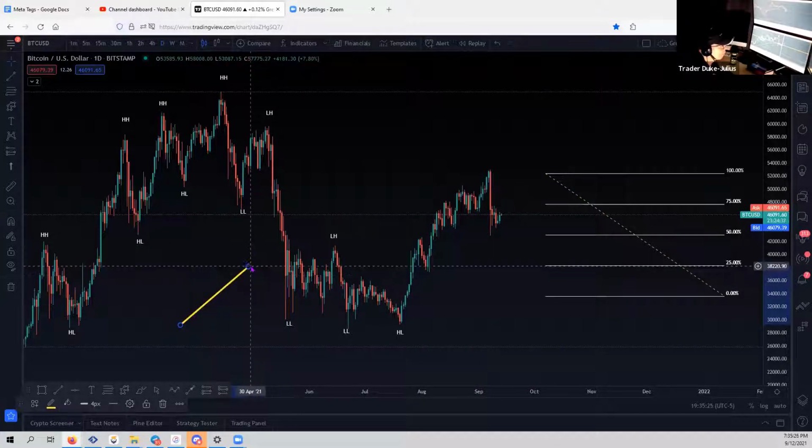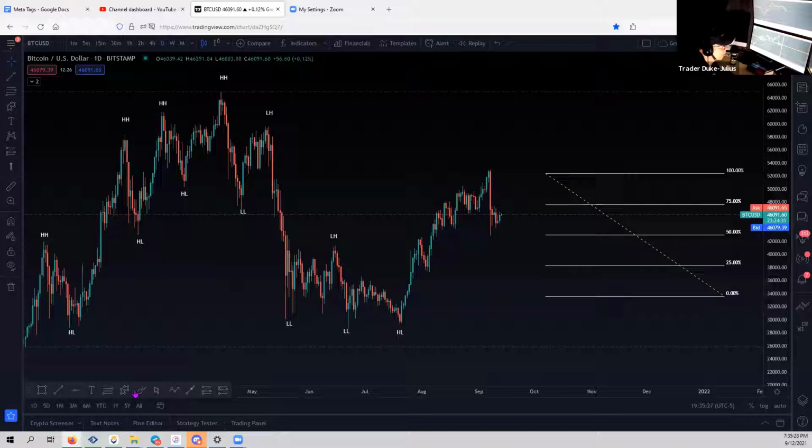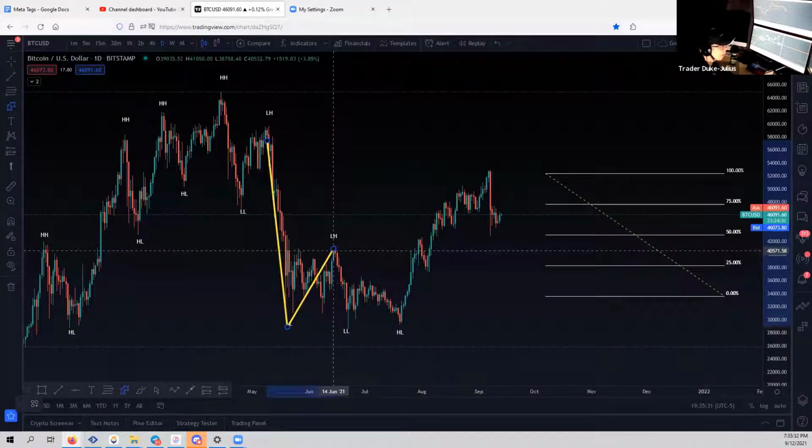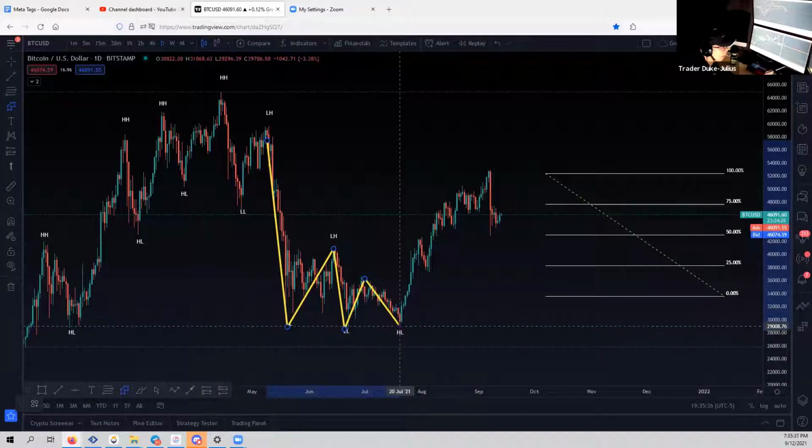All right. So we have price moving in this direction, right? And as price starts to move in its pattern, we see a break in market structure right here.